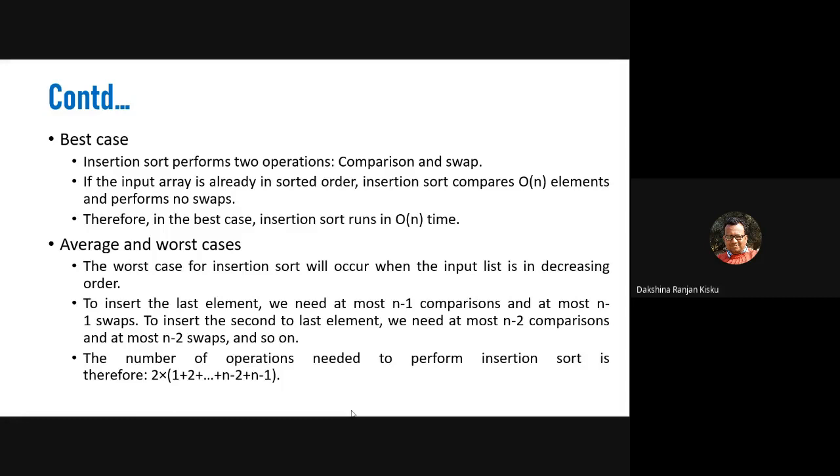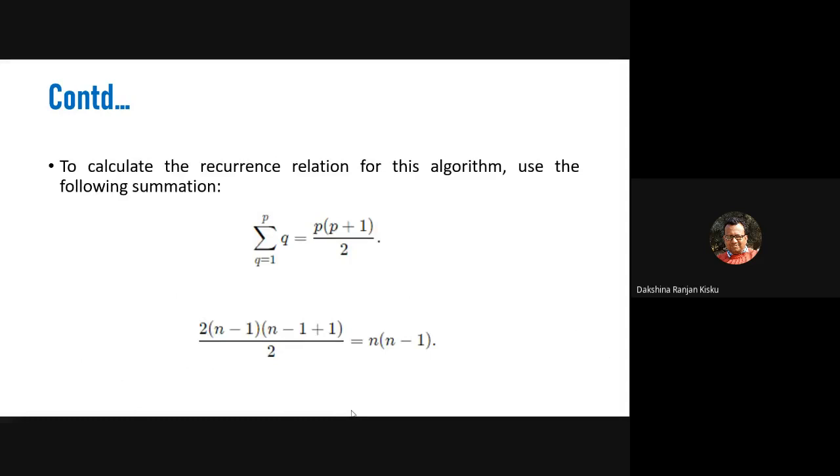That means we have this summation 2 times, 1 plus 2 plus up to n minus 1. If we calculate the recurrence relation for this algorithm, we can use the following summation: p into p plus 1 divided by 2.